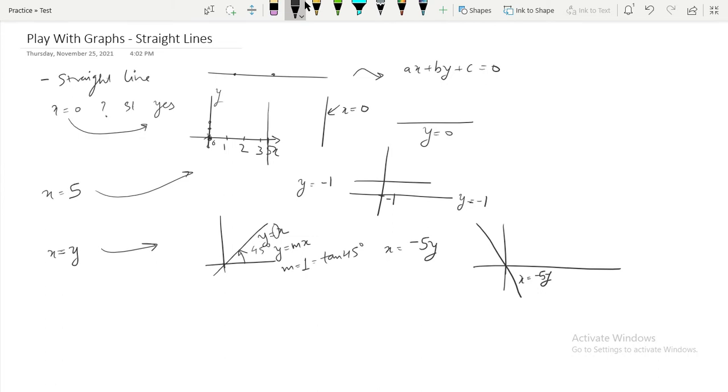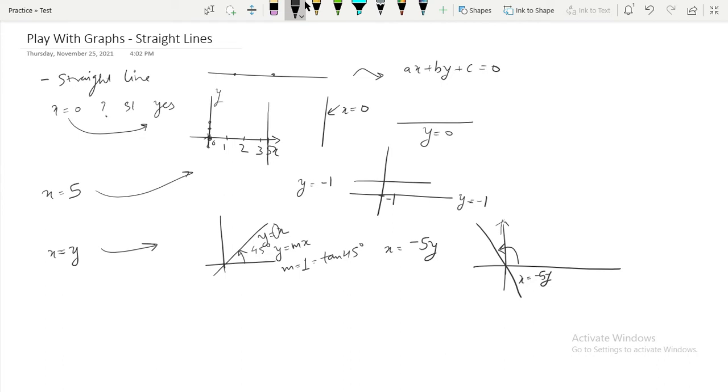Similarly, if it is negative, then this angle is more than 90 degree, hence the slope is negative. So we don't need to understand that, but simply if you find the slope is negative, then just make a line like this which is on the left hand side of this y-axis.